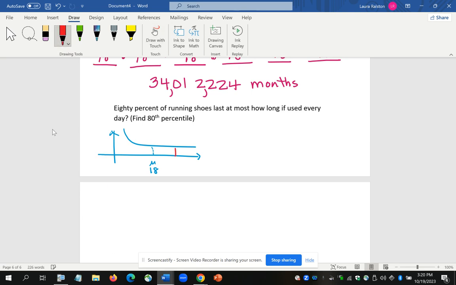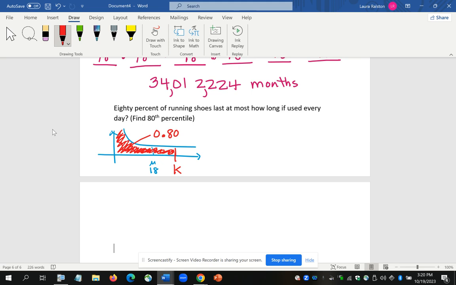So we have 80% in our red shaded region, and we want to know how long our shoes are going to last.